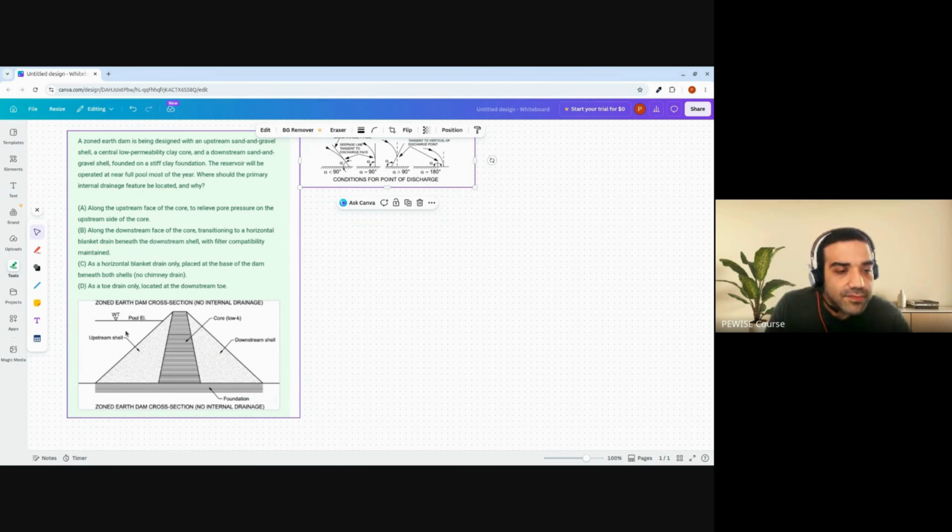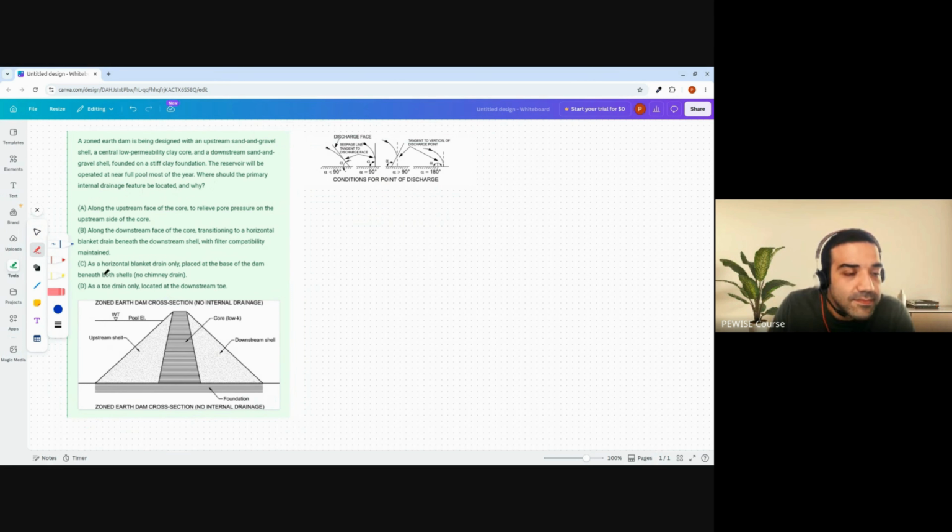To think about this question, you need to know why we put drainage inside a dam. If you think about the flow net of a dam with this common configuration, you don't have much of a head loss going through the upstream part of the dam.